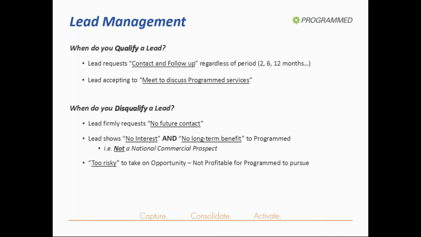And if you do contact those individuals and they say, look, I'm really not interested in your services, I really do not want to be contacted in the future, I firmly request no future contact, that's when you would disqualify a lead.